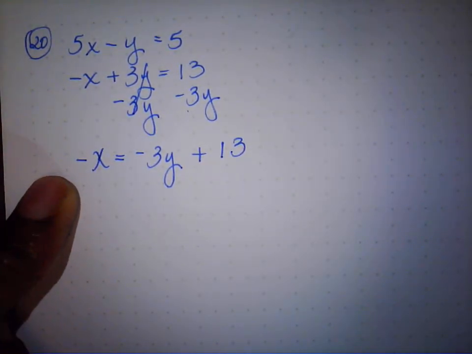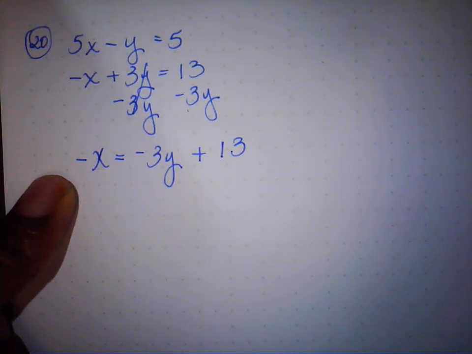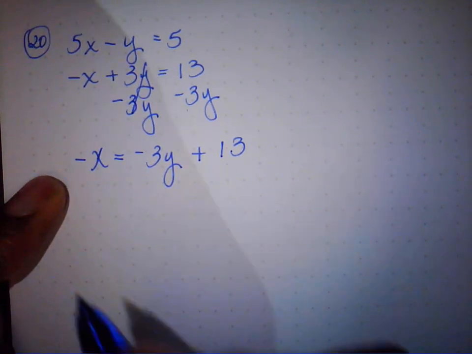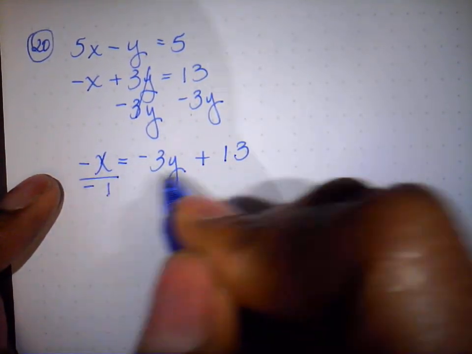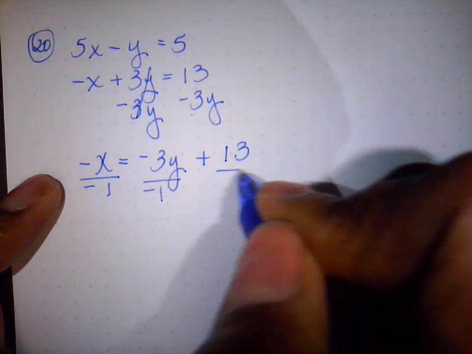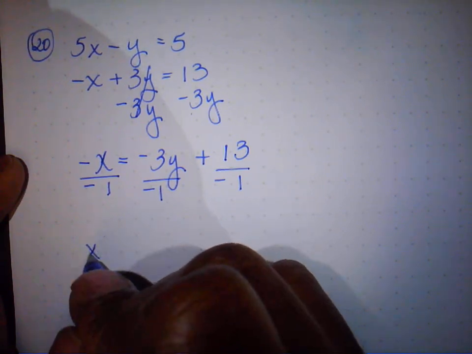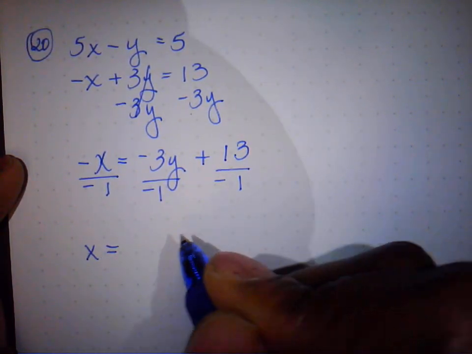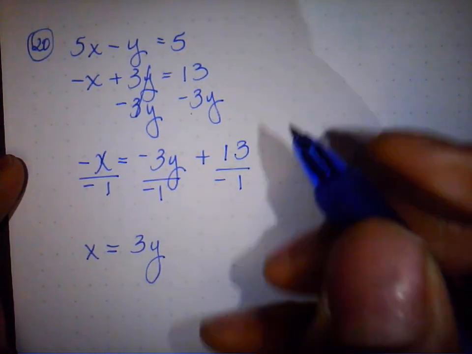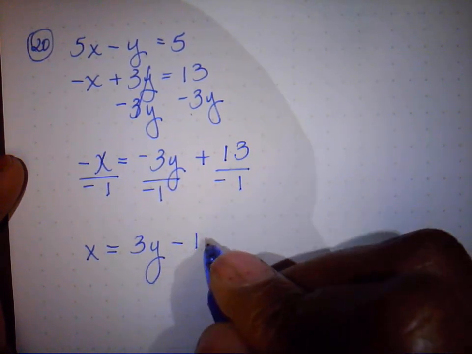Where there was a number in front of the x. Guess what? Just like with anything else, the way I get rid of it, that's a negative 1, right? So I'm going to divide every term up here by what? By negative 1, absolutely. So now I have that x is equal to positive 3y minus 13.